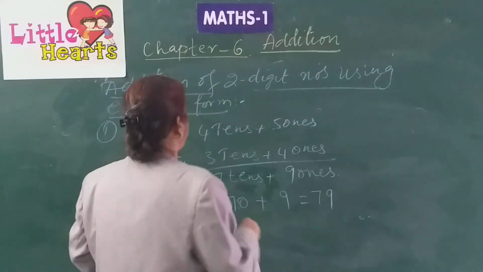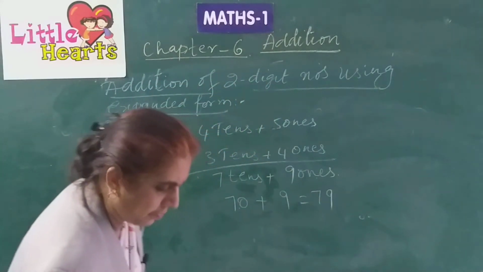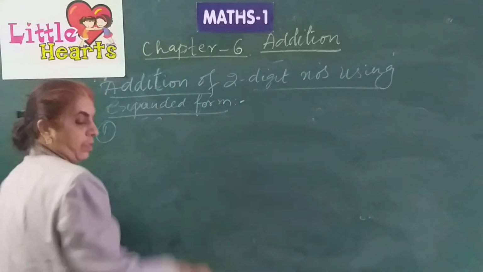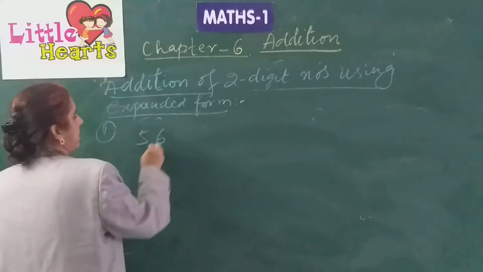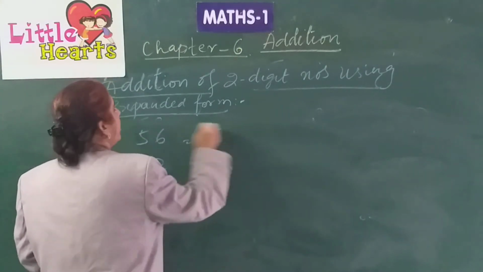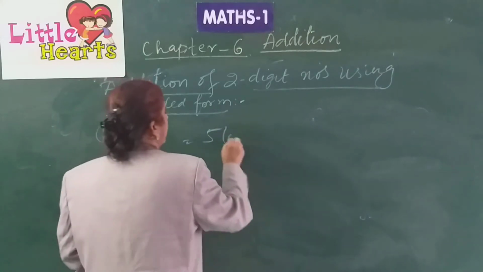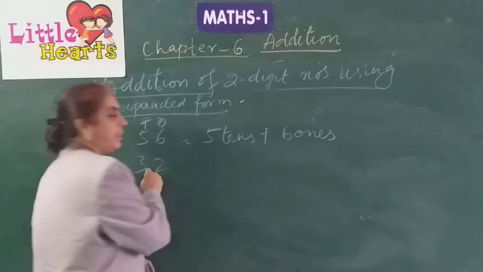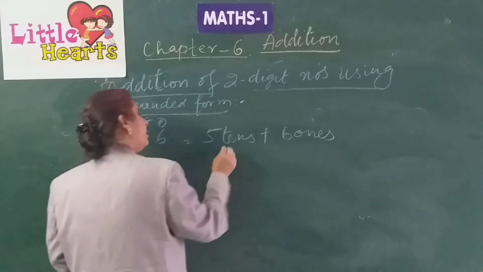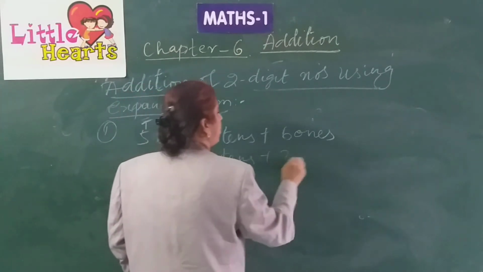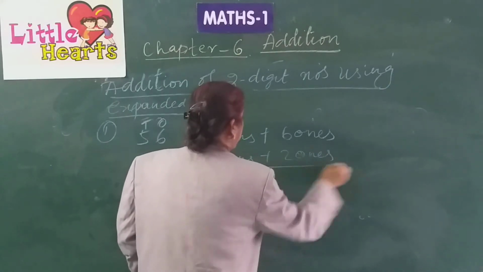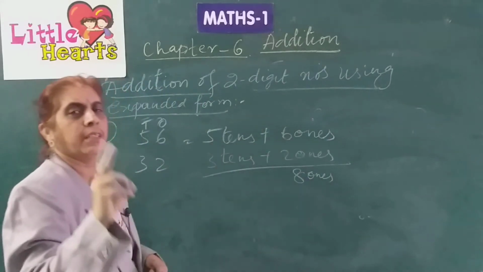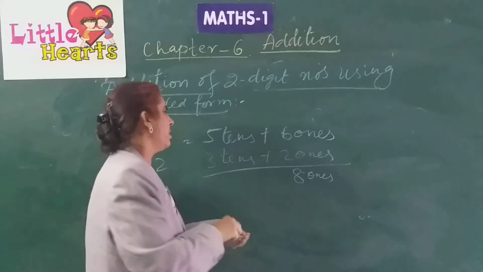Let us go with another problem. 56 plus 32. 5 tens, 6 ones. And 32, 3 tens plus 2 ones. 6 plus 2 is 8. 2 fingers after 6: 7, 8. 8 ones.